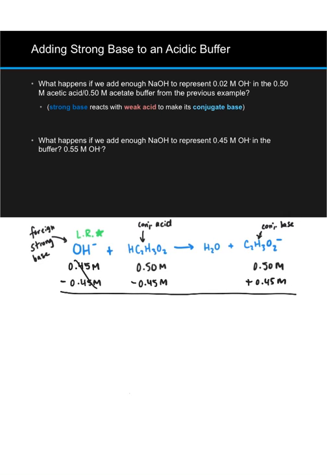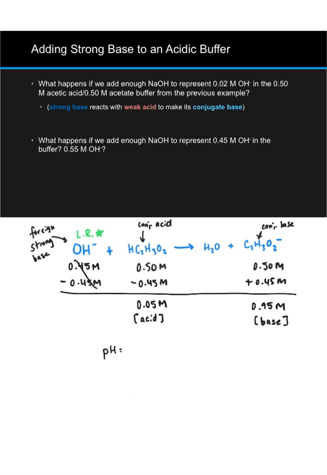So that by the end of reaction, we have 0.05 molar acetic acid and 0.95 molar acetate remaining. The acetic acid is our new concentration, 0.05 molar, of our conjugate acid component, and the acetate, new concentration, is 0.95 molar for our conjugate base component.